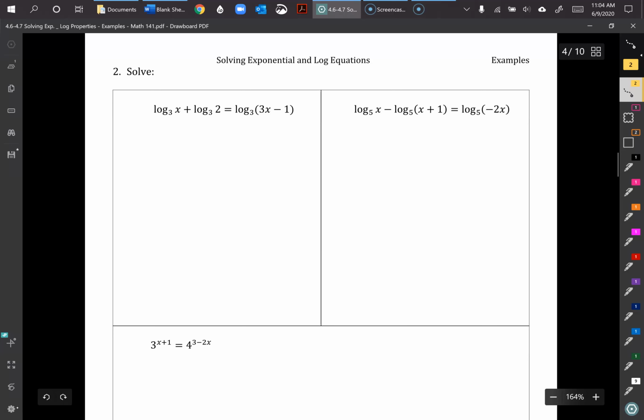So I'm going to write a note here. It's really important that you combine, or I think I called it squish in one of the videos, logs first before you exponentiate.